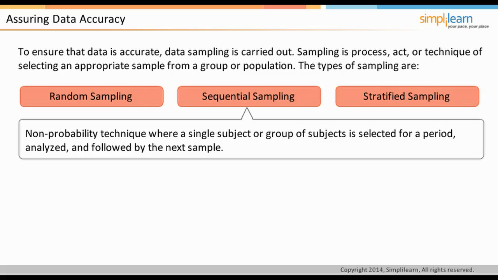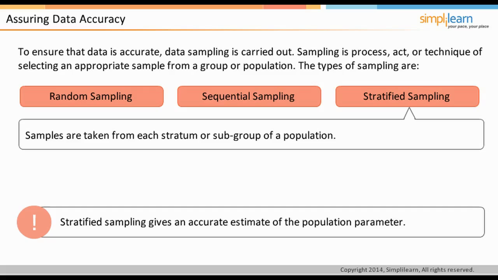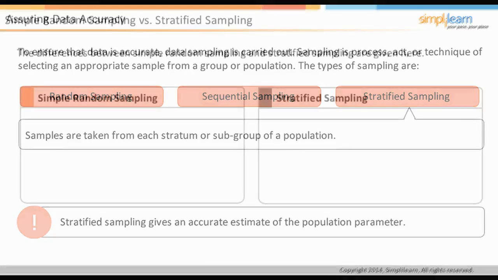In other words, it is a non-probability sampling technique wherein the researcher picks a single subject or a group of subjects in a given time interval, conducts the study, analyzes the results, and then picks another group of subjects if needed, and so on. In stratified sampling, the idea is to take samples from subgroups of a population. This technique gives an accurate estimate of the population parameter.